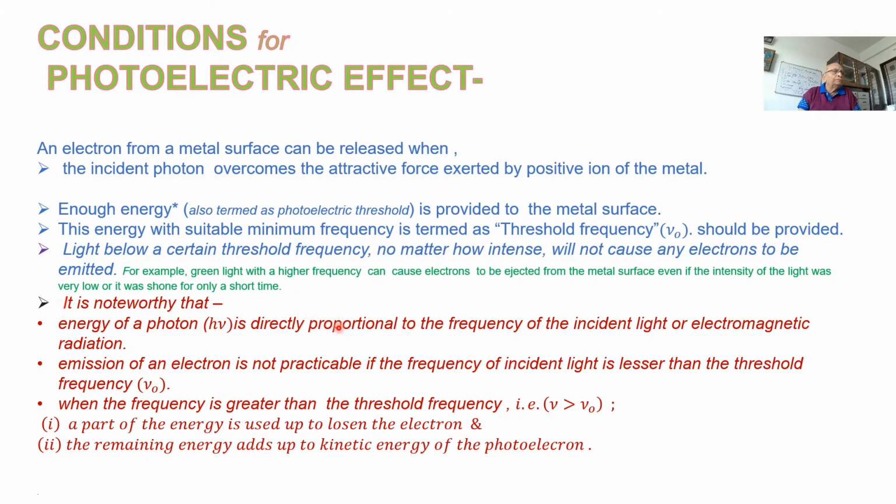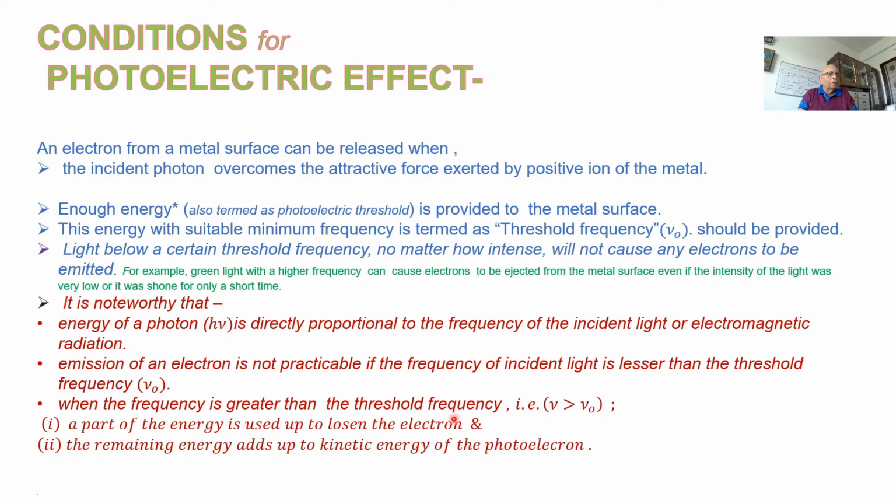Now therefore, we find that energy of photon is directly proportional to the frequency of the incident light or electromagnetic radiation. If the frequency is lesser than threshold frequency, you won't get any electron to be emitted.